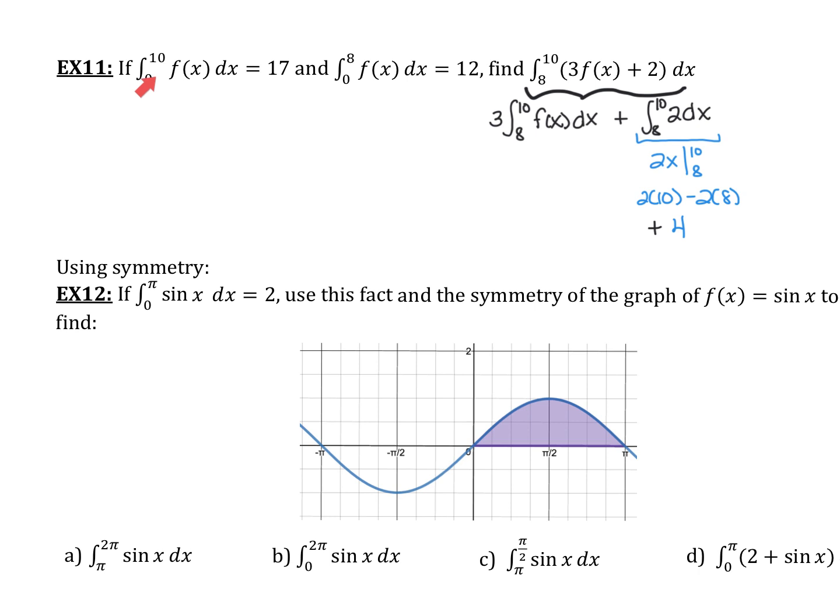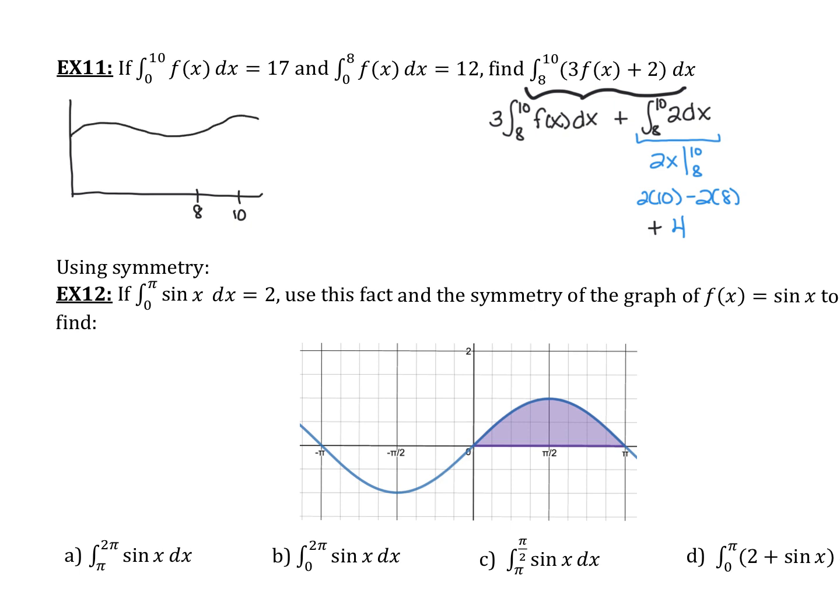This says if the integral from 0 to 10 is 17, and the integral from 0 to 8 is 12, then I know what the integral from 8 to 10 has to be. Why do I know that? Well, let's visualize it for just a second. Let's say we have some curve that looks like this, and really I don't know what it looks like, but let's call this 8 and let's call this 10, and then let's draw some curve.